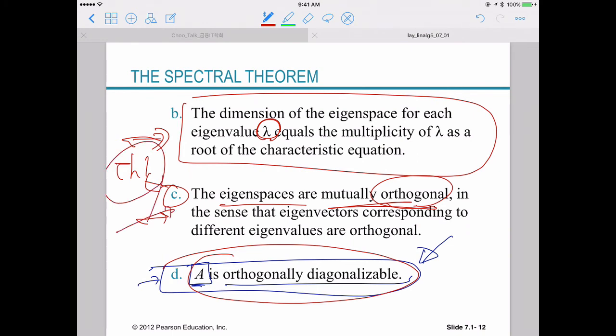Combining these with theorem 1, different eigenvalues will have orthogonal eigenspaces, and so combining all of them, we can say that a symmetric matrix A is orthogonally diagonalizable.